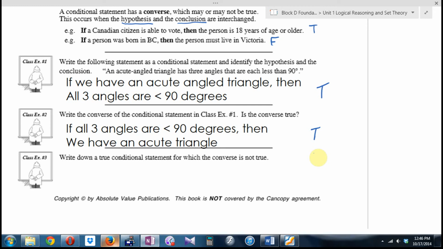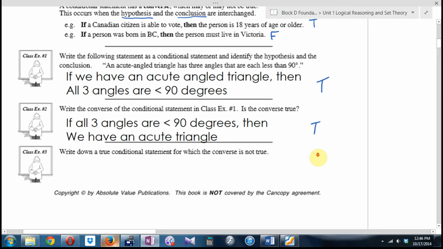Keep it obvious. If it's raining, it's cloudy. True. If it's cloudy, it's raining. Not necessarily true, because it could be cloudy and dry. There's an example of a conditional statement that's true one way, but the converse is not true.